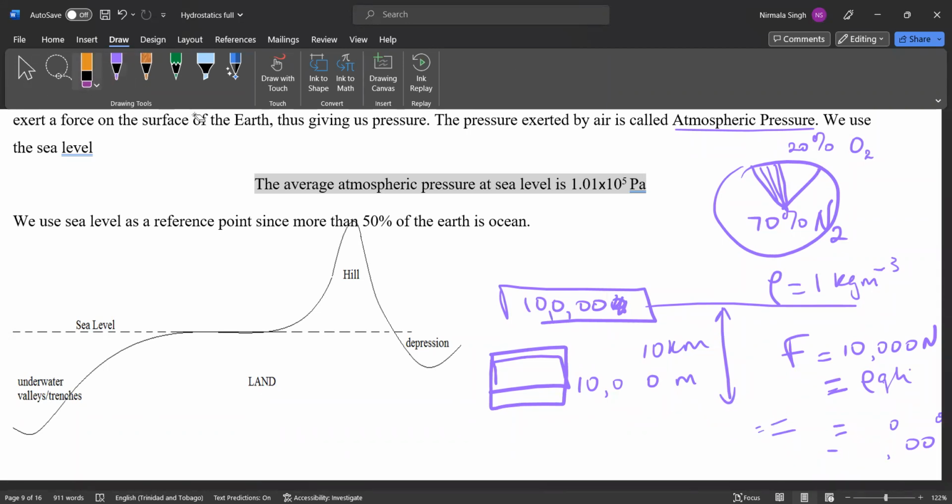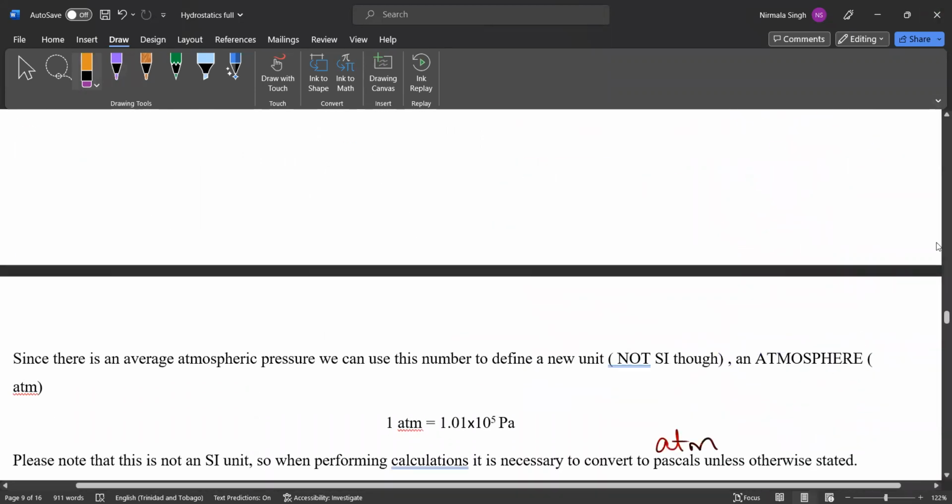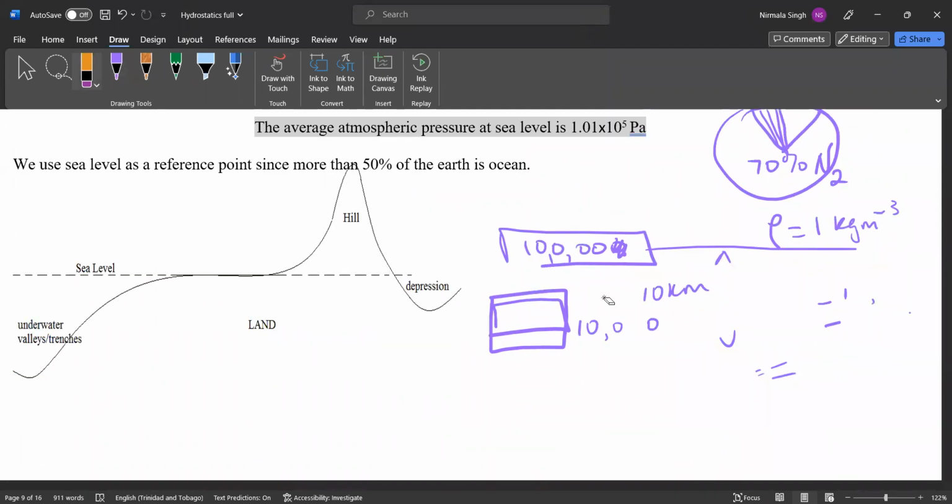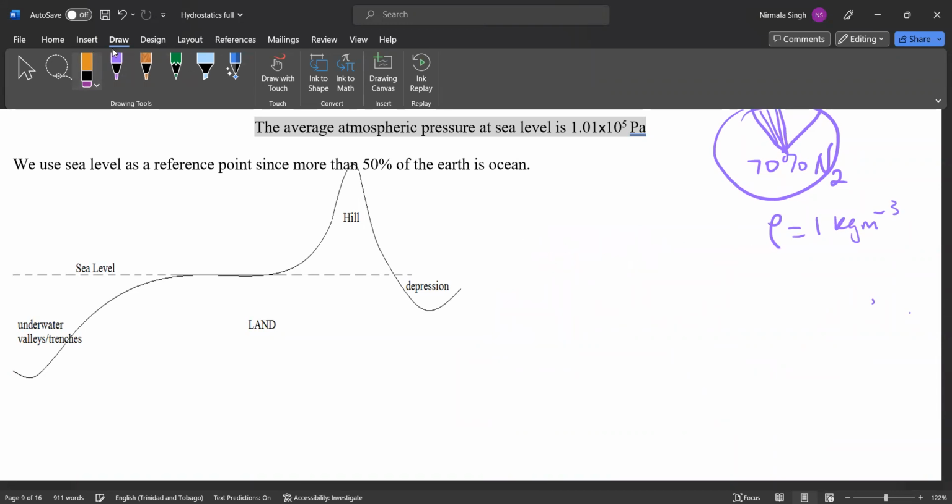Let me just erase this. You can work it out, and we'll work it out in class properly. On every single meter square on the surface of this planet, you have that force acting on it. So on you right now, if you were to take up a space of 1 meter square, you have that force acting on you.